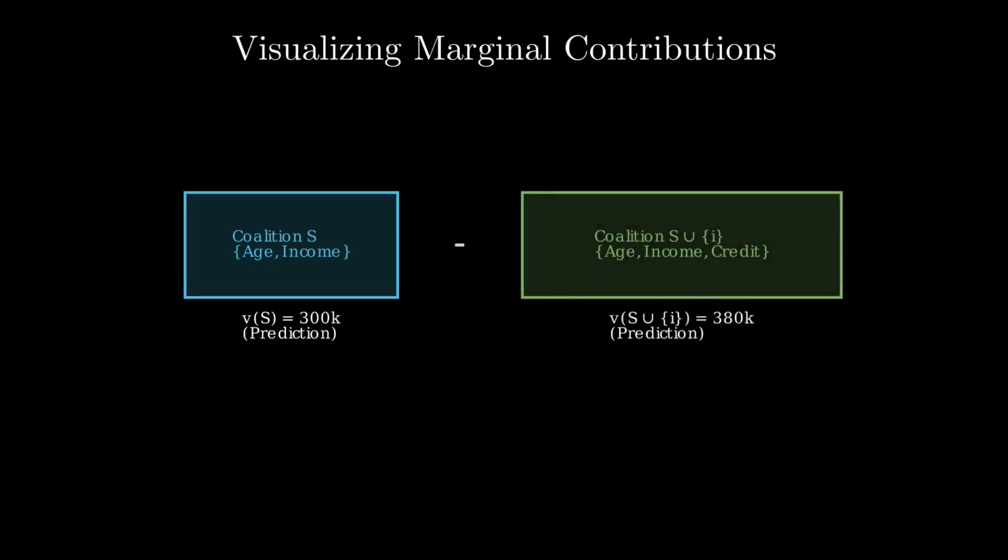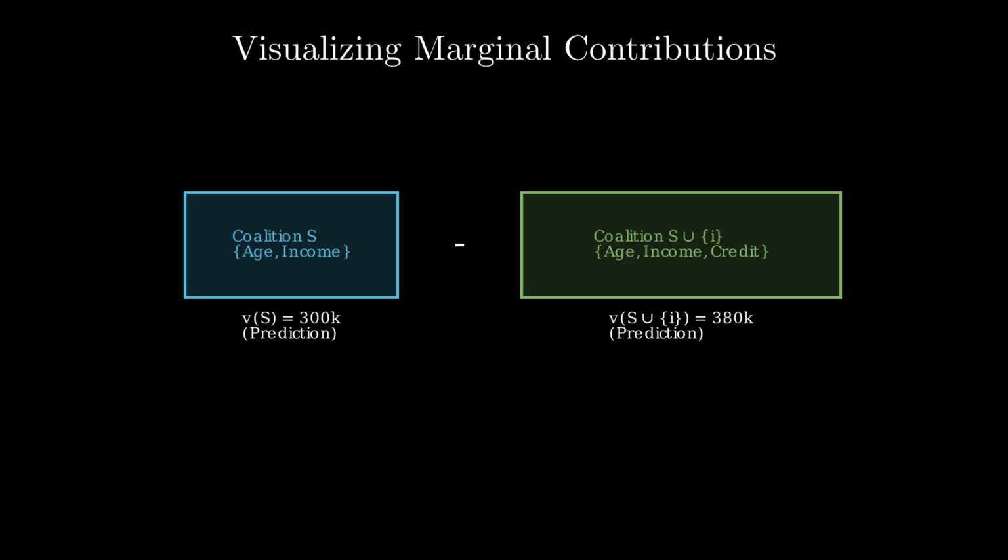To find the marginal contribution of a specific target feature, let's call it credit score, we first evaluate our model's output using a base subcoalition. Here, a coalition containing only age and income predicts a value of $300,000. Next, we join our target feature, credit score, to that exact subcoalition.